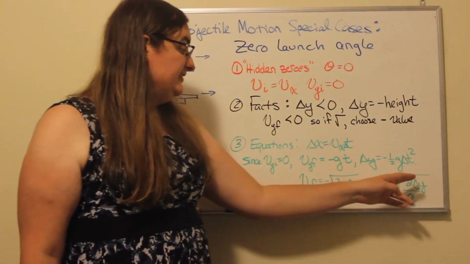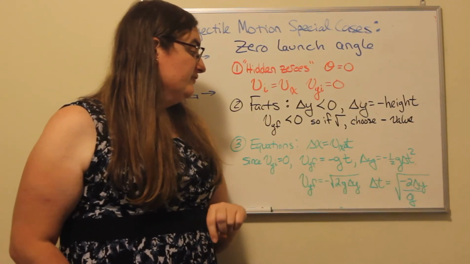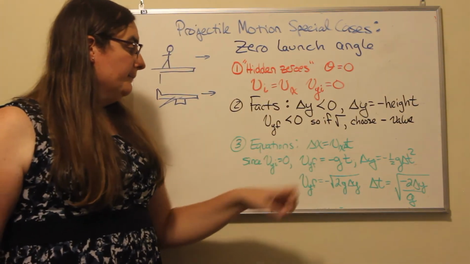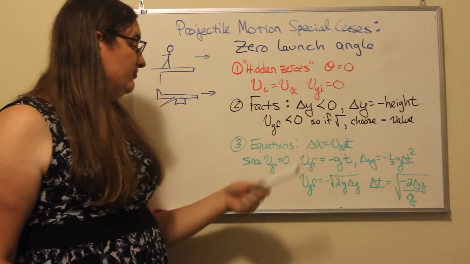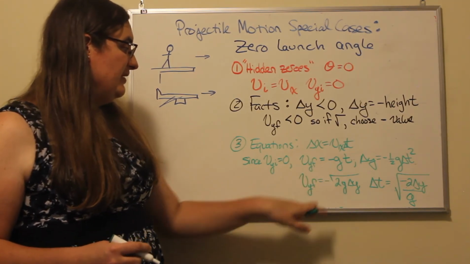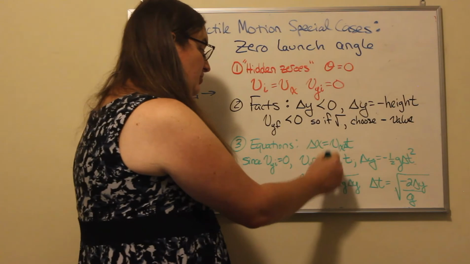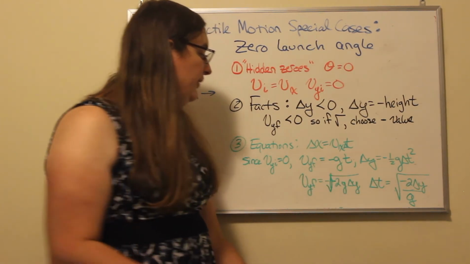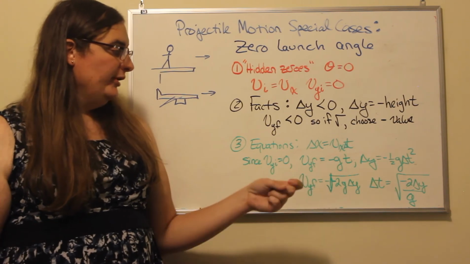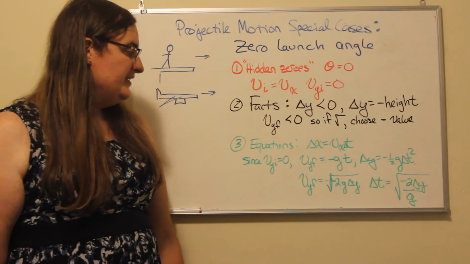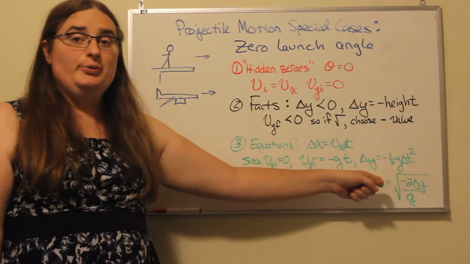So if I take this information that I have for time, I could plug it into this equation to say that my final velocity is going to be minus g times time. That would have to be equal to minus the square root of -2 delta y divided by g, times g outside the square root.